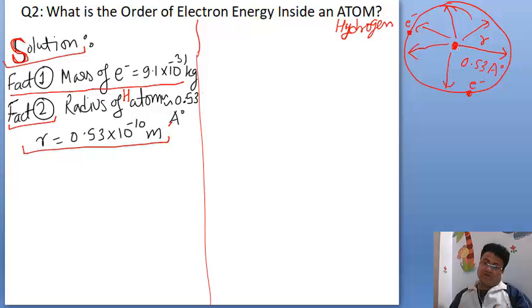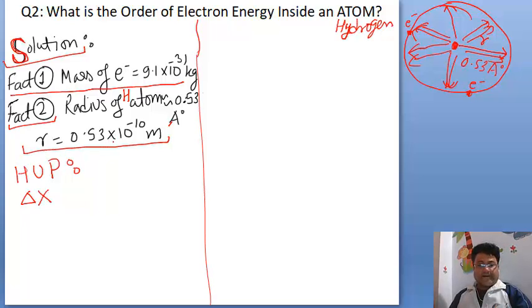If you are standing on the nucleus and looking around, the electron has to be somewhere up to this distance from you. So if we apply the Heisenberg uncertainty principle, we can say that the uncertainty in the electron's position from the nucleus is of the order of 0.53 into 10 to the power minus 10 meters.